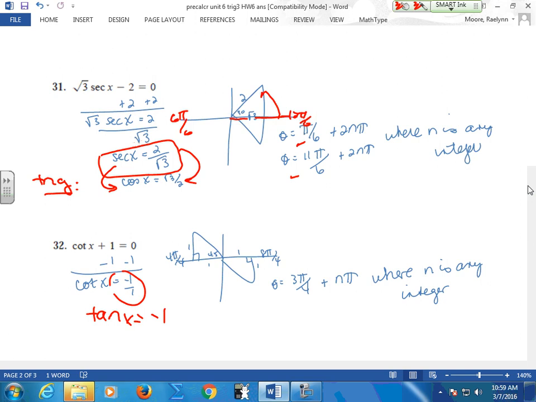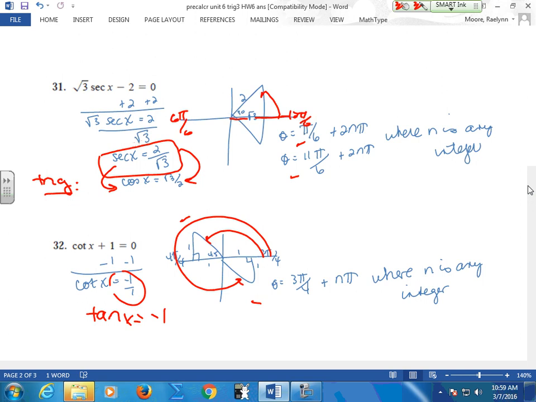Tangent of 1. 45-degree angle. Very good. So, negative in quadrant 2 and 4. So we know this is a 45-degree angle. We say, what guy is this? This is 3 pi over 4. What one is this one? One less. We say 7 pi over 4.